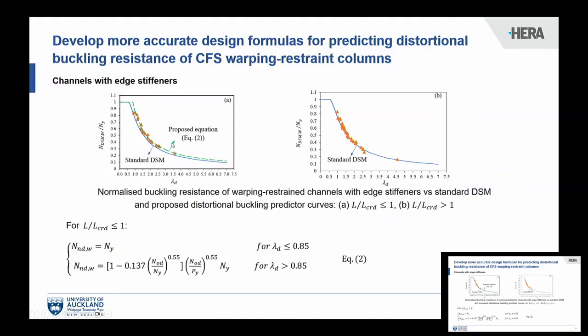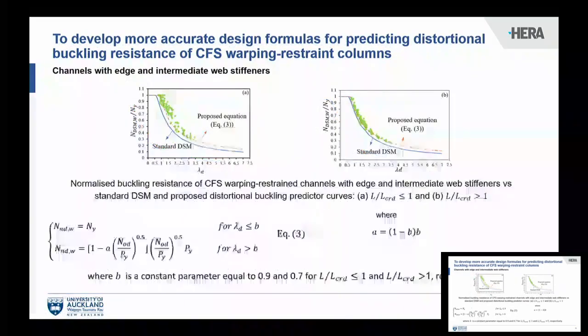And the green one in figure A corresponds to the developed equation, while the blue one corresponds to the predictive curve of the DSM. Another equation was developed for the cross sections with the intermediate web stiffeners, and it was observed that for all cross sections we need some developments to predict their capacity more accurately.